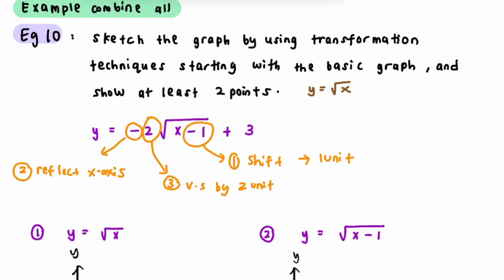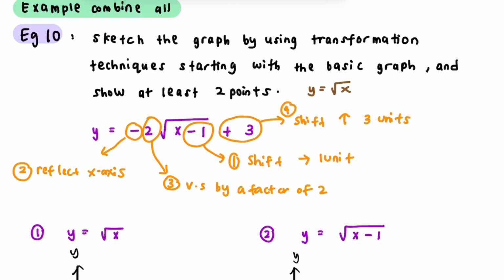It is easier for you to find the coordinates, which is to multiply with the constant 2. And then the last step is plus 3 outside here. Make sure the last step must be the vertical shift. So your graph will shift upward 3 units. So a total of 4 steps are involved.